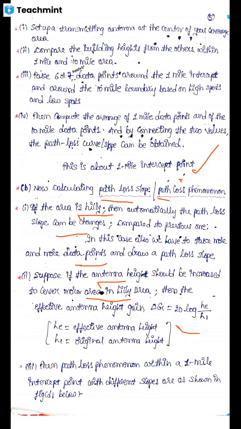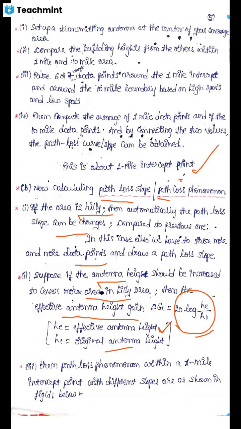So here I am writing the correction factor 20 log He by H1. That is the effective antenna gain. I get the effective antenna gain by changing the antenna height with the correction factor 20 log He by H1, where He is the effective antenna height, that is, the changed antenna height due to the hilly area, and H1 is the original antenna height.